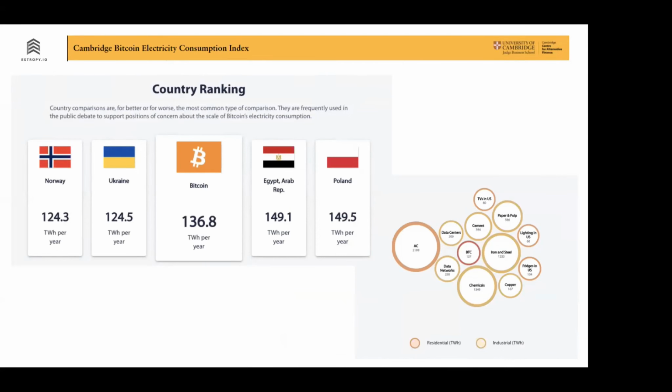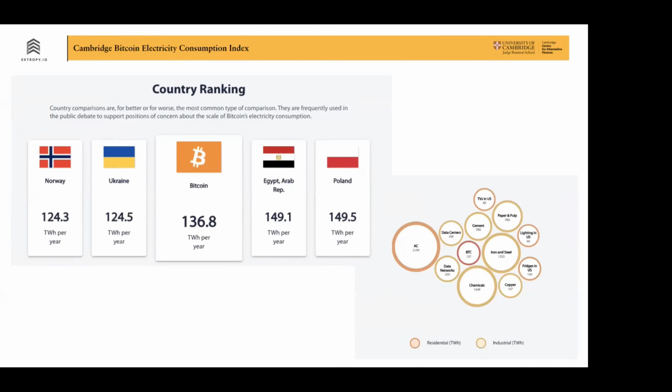There's a great website from the people who do research into this, the Cambridge Bitcoin Electricity Consumption Index, and they have this headline figure about where Bitcoin fits in amongst the energy usage of other countries, and you can see there where it is. So it's using more energy than Ukraine at the moment, and it's coming up to Egypt.